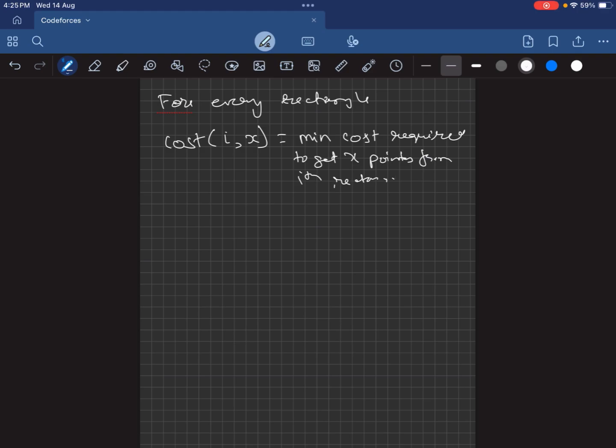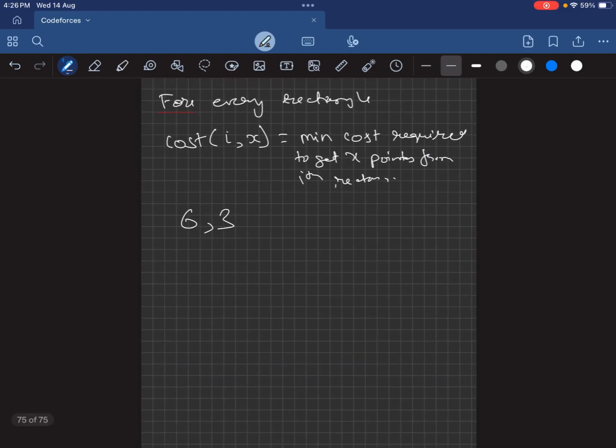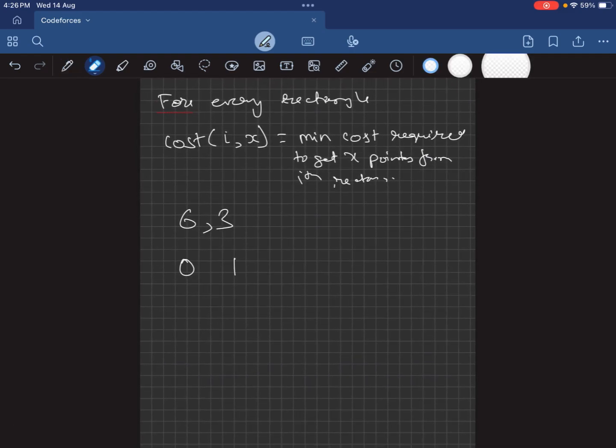Okay. So for example, let us consider the 6 3 rectangle. In this 6 3 rectangle, the maximum points we can get are 9. So 0, 1, 2, 3, 4, 5, 6, 7, 8, 9.